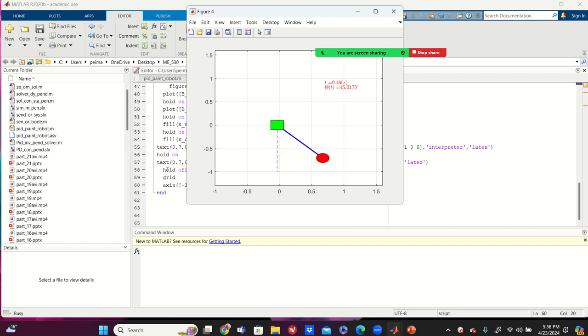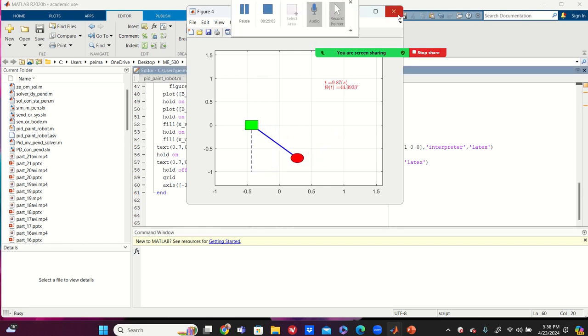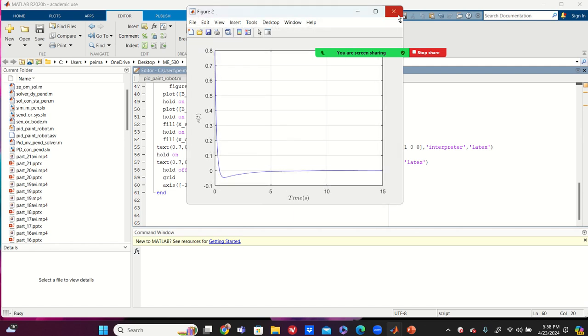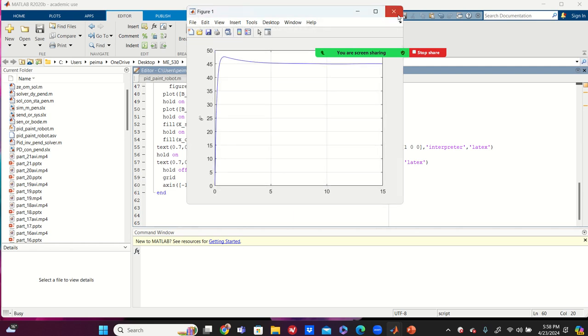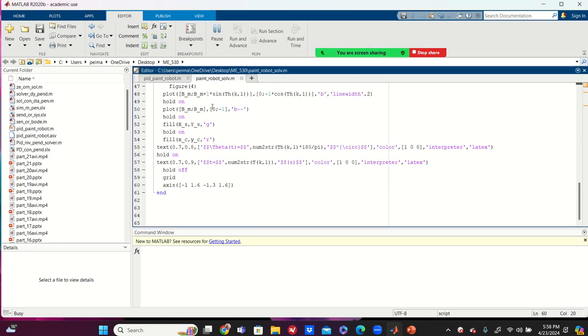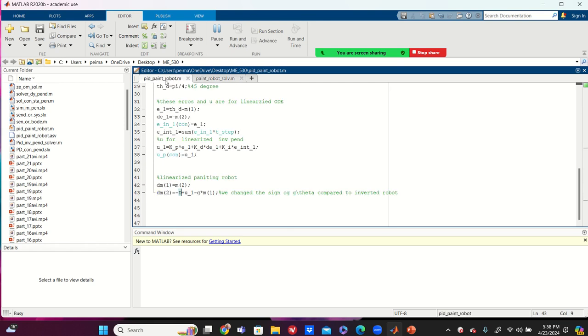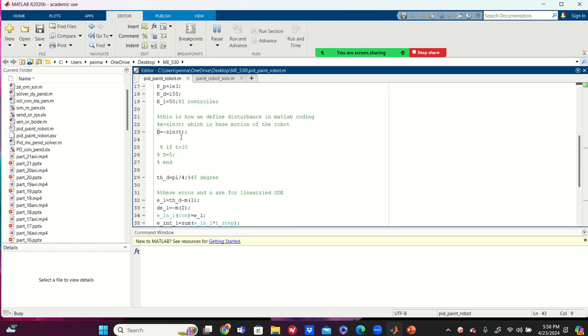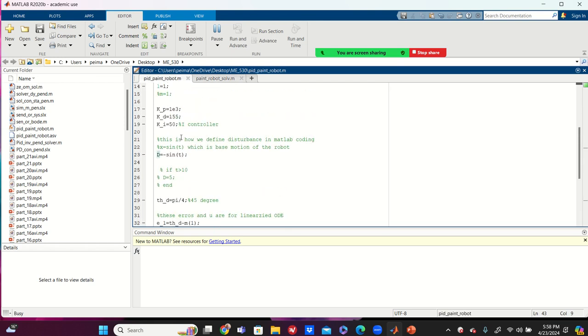Okay, now in most car painting robots, this is a very simplified version, guys. I would like to have the desired like this. The base moves and also the pendulum moves. So your trajectory, your set point is sine of t.